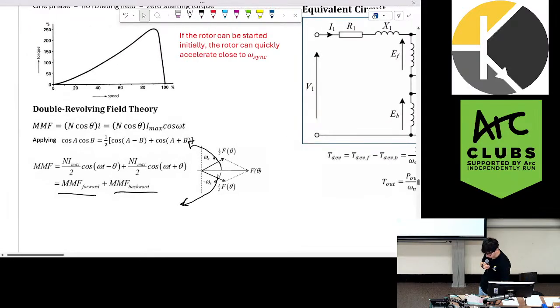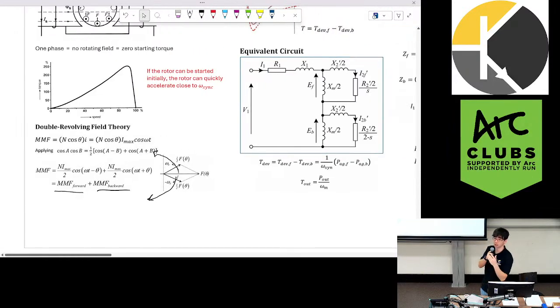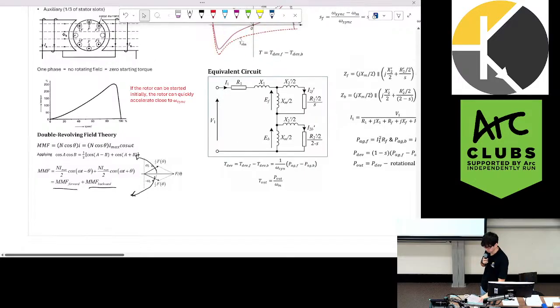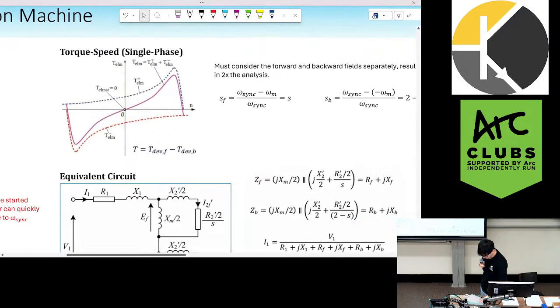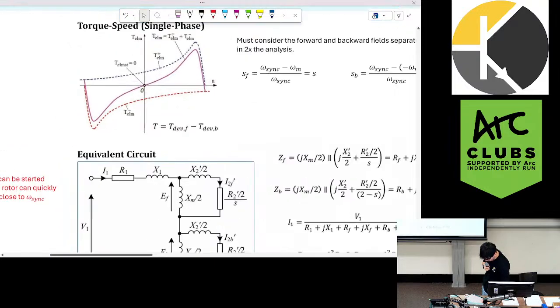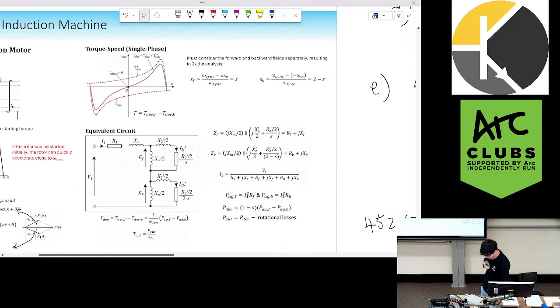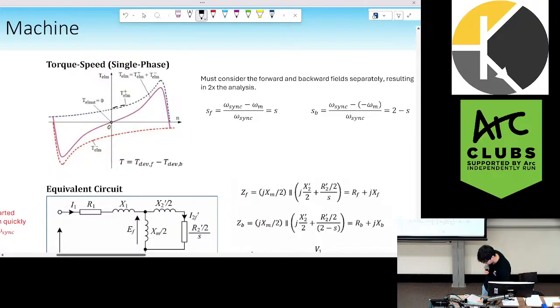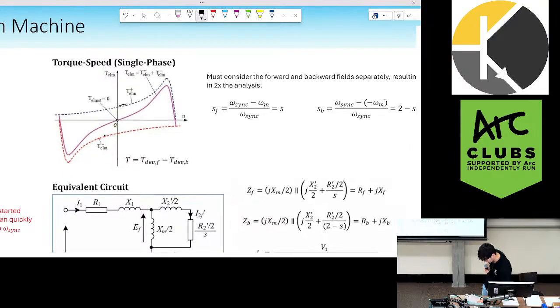So in principle, if we can get the motor turning in one direction, then it will be able to follow one of these MMFs or one of these changes in flux, and it will continue rotating. So we get it starting, for example, using an induction motor, and then we have this interesting curve here, which is simply the sum of the forward EMF and the backward EMF characteristics. So the forward EMF characteristics summed with the backward EMF characteristics gives us our torque speed curve.